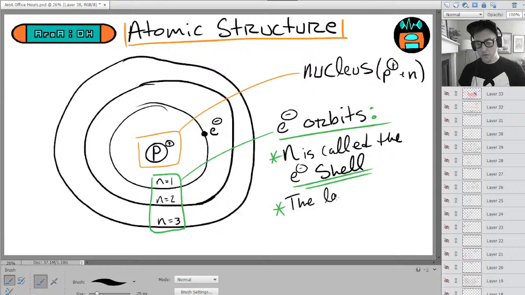The larger the shell, the higher the energy.